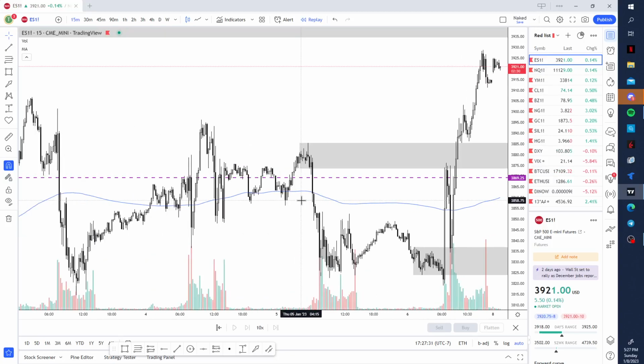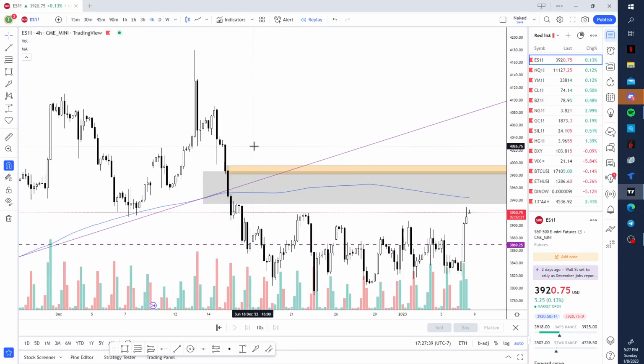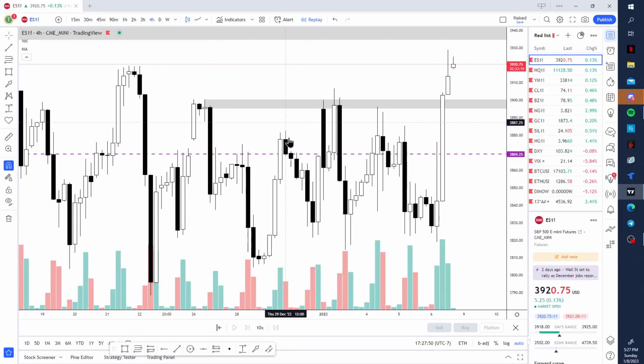Are you only marking wicks on the small bodied basings? Probably. If it's a little wider, like something like this is a little wide, I'd probably just do the top of it. From what I was reading, it was saying that if the wick of the basing candle is larger than the body, then just mark the wick of it.